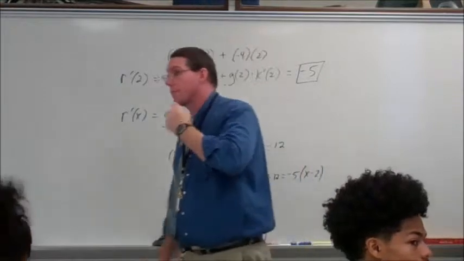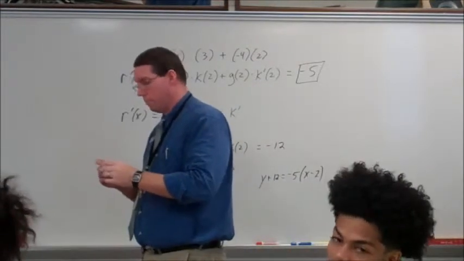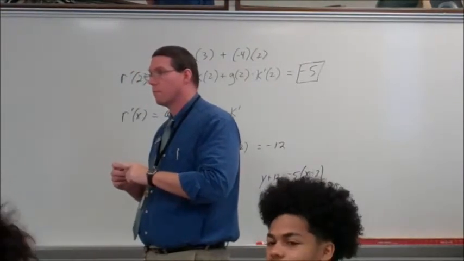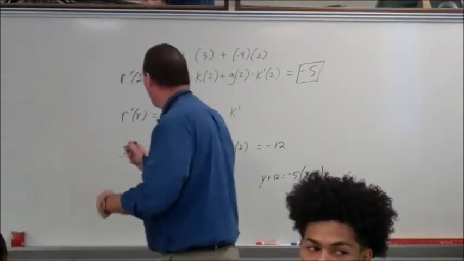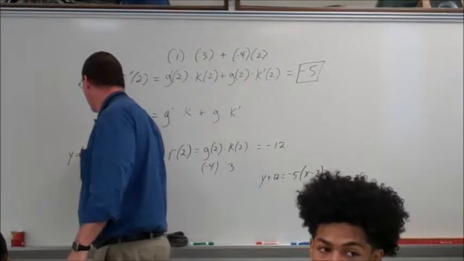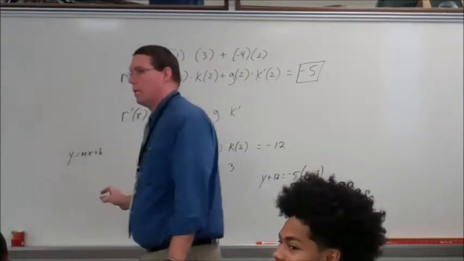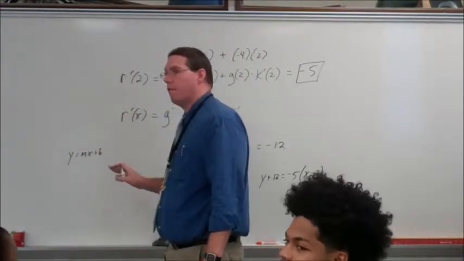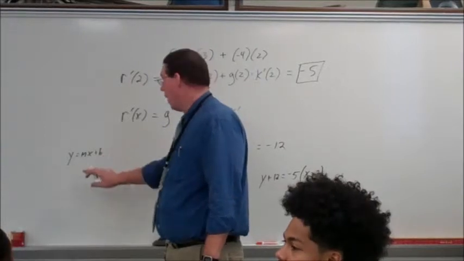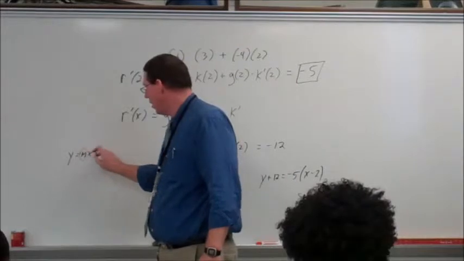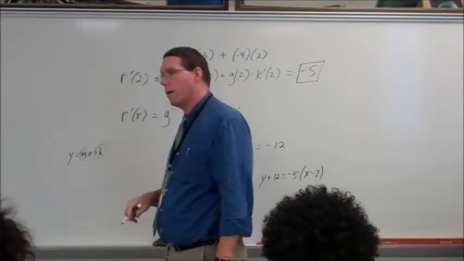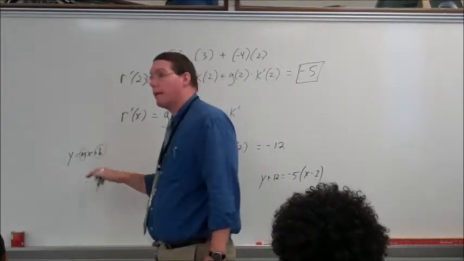Yeah. What is x and y equals mx plus b? That's a form of a line. This is the slope intercept form. Okay, what's b? B is the y-intercept.